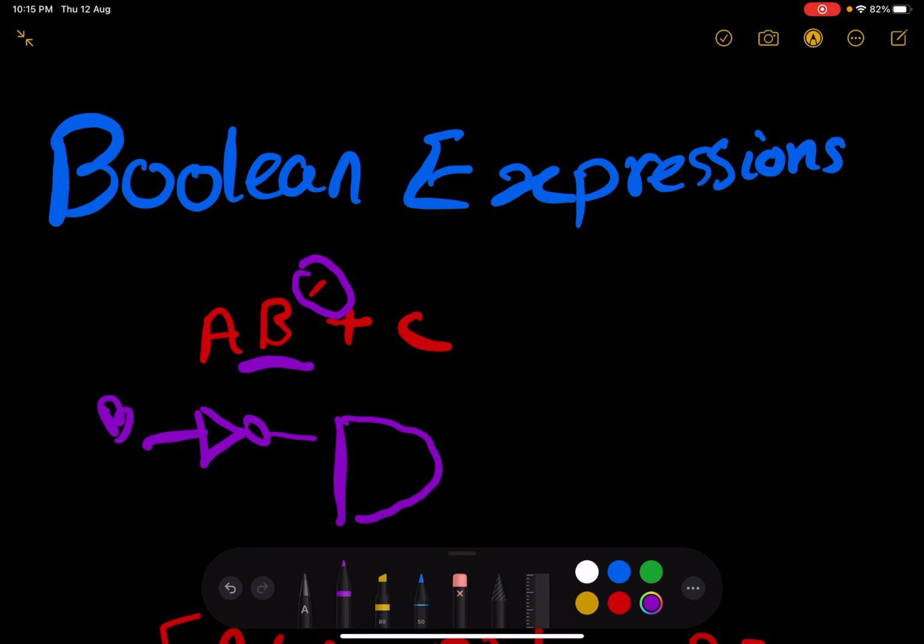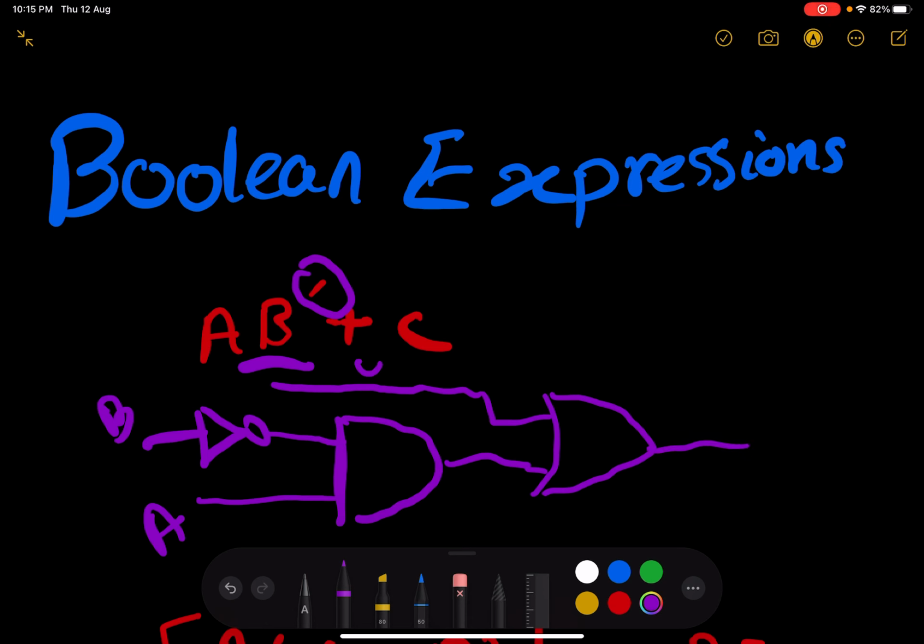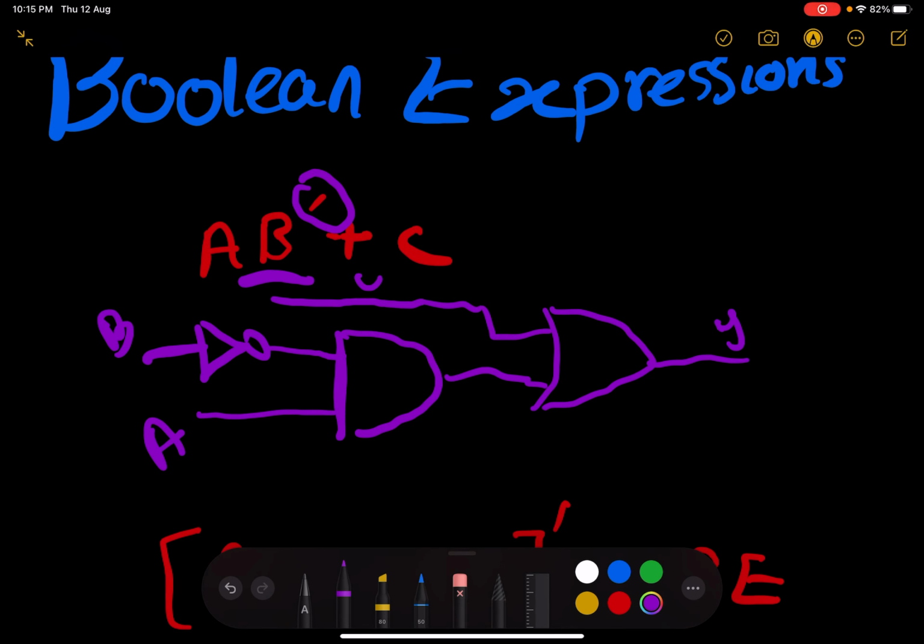The output of the NOT gate is the input for the AND gate, and we need another input, A. Then we have C, and we're going to OR them together using an OR gate. Then you can name the output whatever you want. I'm going to say it's Y. So this is the first expression.